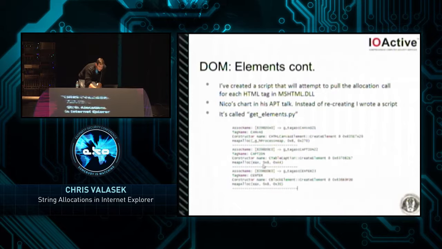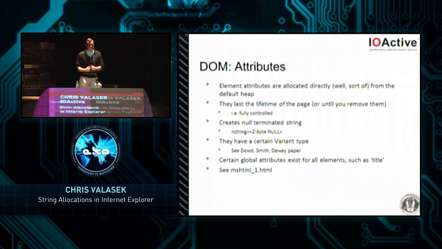So in IE9, if you have a center tag, it calls CBlockElement CreateElement and allocates 30 hex bytes. Again, I thought this would be neat. If you want to find objects of a certain size that you can create and control, you can run this script, and it should help you out.